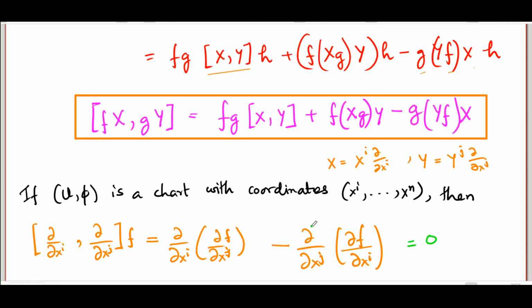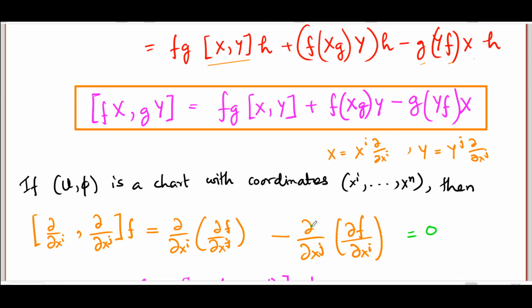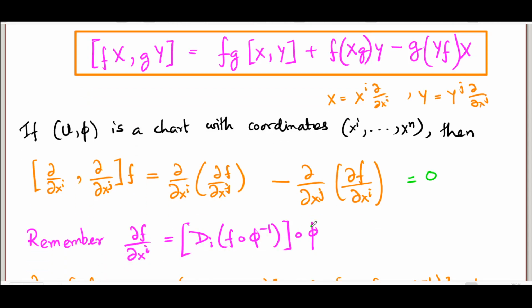The only catch is, you should remember that when you say del xi acting on f, you are really not taking a partial derivative of the function f with respect to the ith coordinate. After all, f is a function on the manifold, so the xi's are not even its arguments. But we all know the basic idea is this. When we do del f del xi, basically what you are doing is taking the proxy function f composite phi inverse, which is a function of n real variables, and taking the ith partial derivative of that.